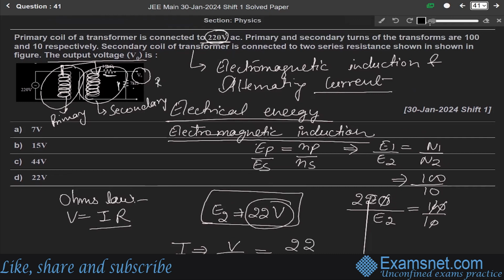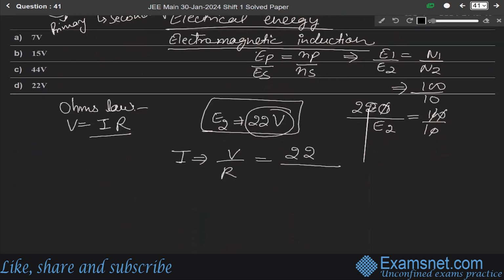So total resistance will be 15 plus 7, which is 22 kilo ohm, means 22 into 10 to the power 3. So I will be 10 to the power minus 3 ampere, means I equals 1 milliampere.